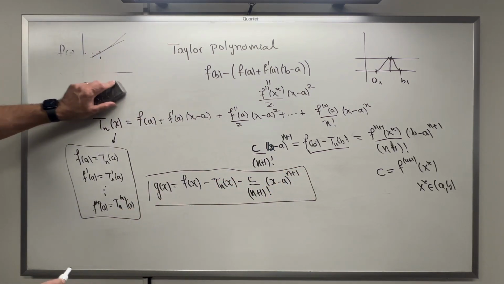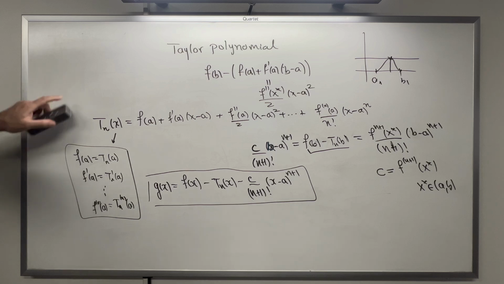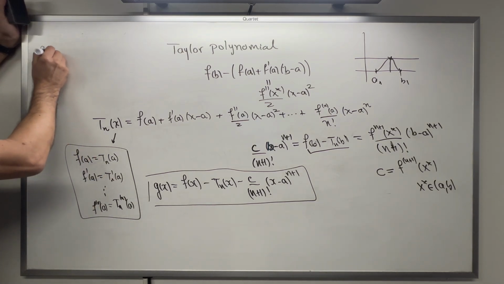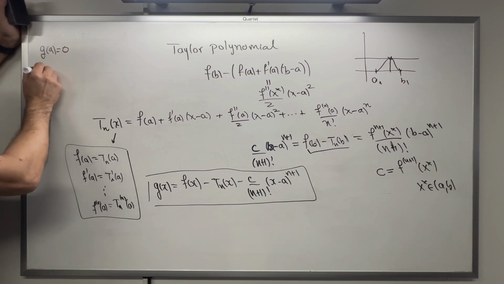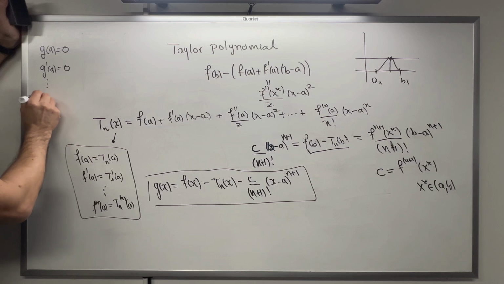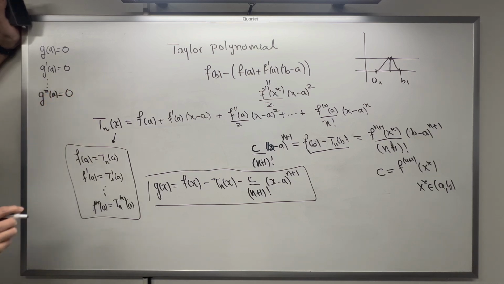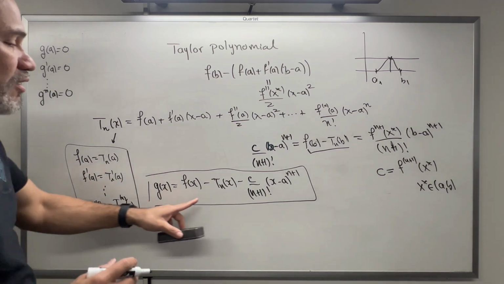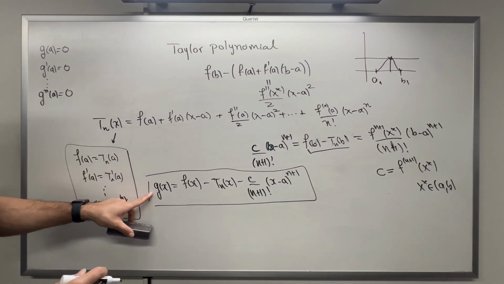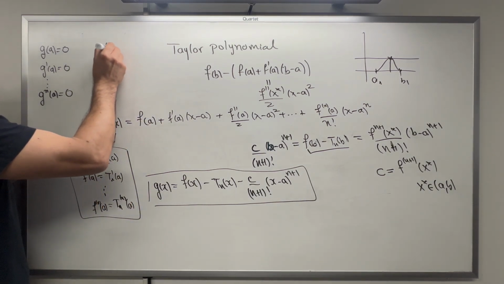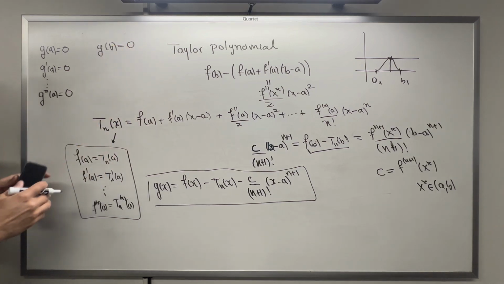It's very easy to check, because of all these properties, that g of a is 0, g prime of a is 0, and the nth derivative at a is also 0. These properties imply that. And also, by the definition of c, we know that g of b is equal to 0.